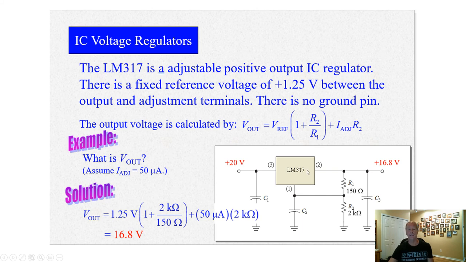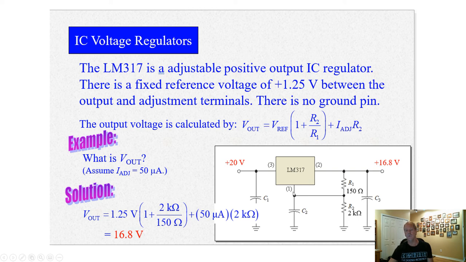LM317 is a special linear regulator that's adjustable. It has this feedback network here, feedback resistors. It doesn't have a ground pin. That feedback comes right in instead of the ground pin. And there's a formula for it. The V reference, usually 1.25 volts for the LM317, times this formula, plus this small error voltage.